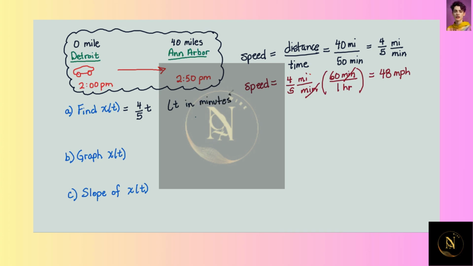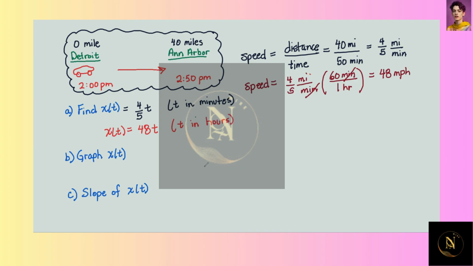If we want to go ahead and use the speed of 48 miles per hour, then we can write our position with time as 48t, because the rate is 48, and then times t, because distance is rate times time. But that only can be used if t is in hours. So which one you use depends on which version of time you want to use.